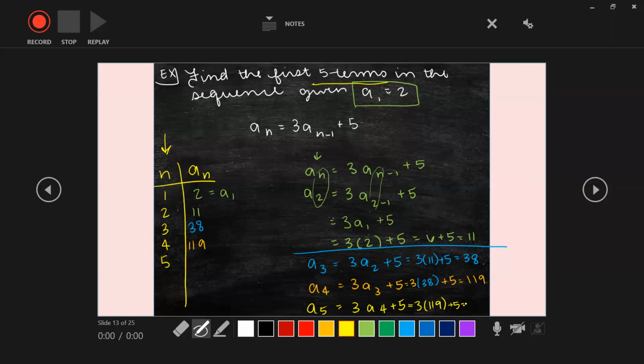And so what is that? 362. Is that what everyone else got? So those are the first 5 terms in the sequence.